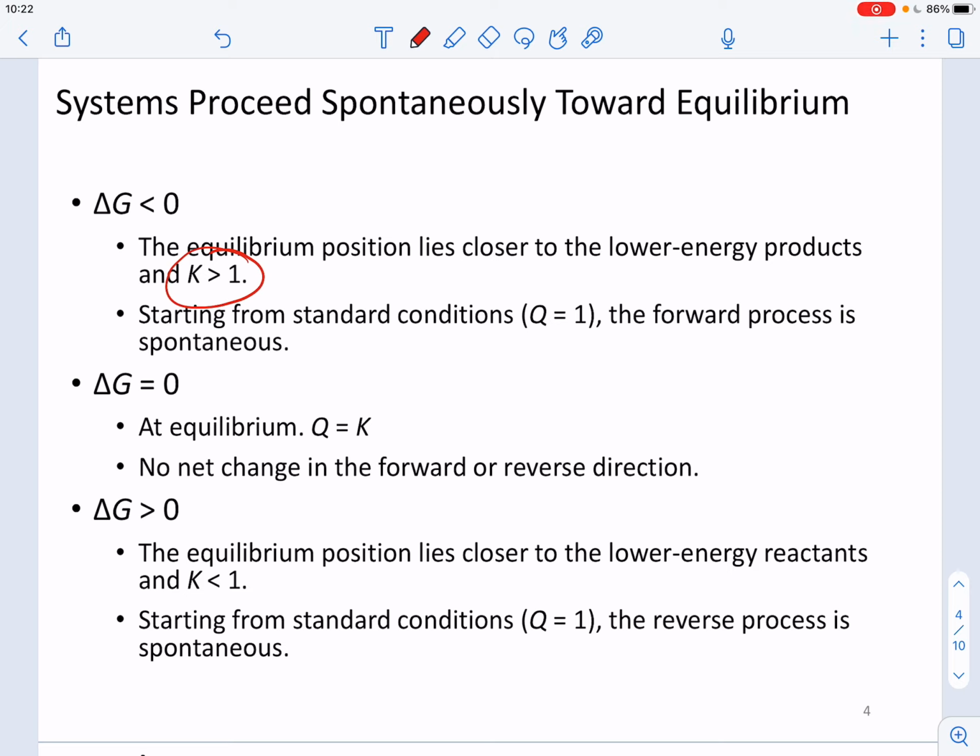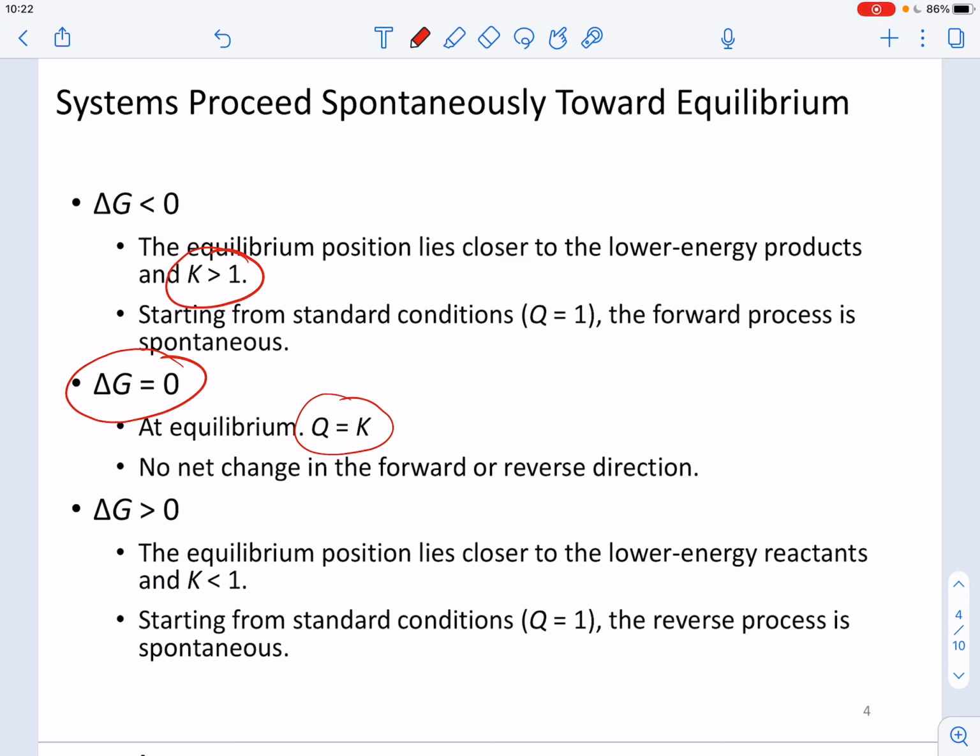Again, forward direction is spontaneous. Okay, your delta G is going to be equal to 0 at equilibrium. Q is going to be equal to K, and since you are at equilibrium, there is no favored reaction. So therefore there is no net gain for the forward or the reverse direction.